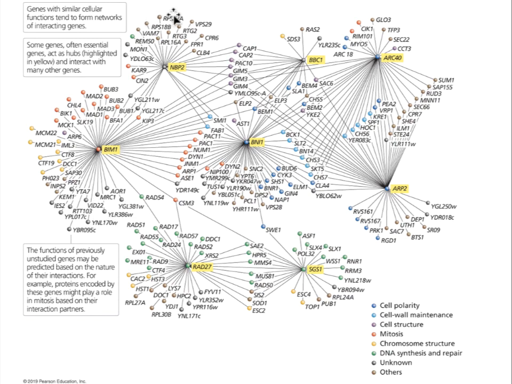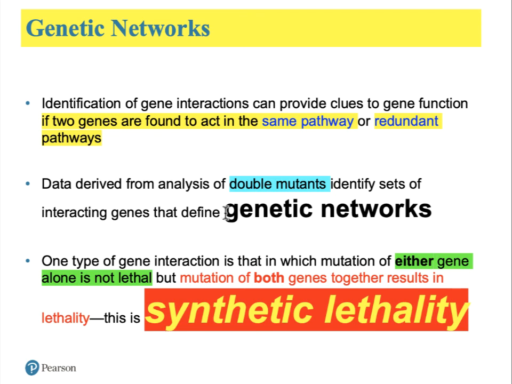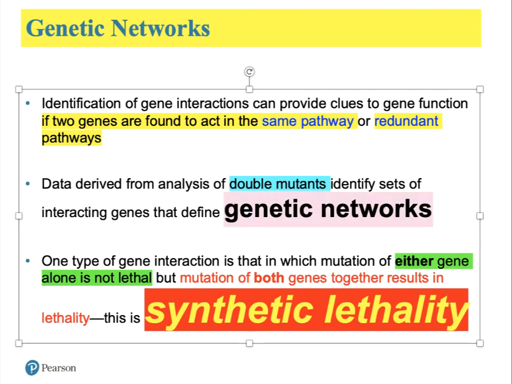The color coding of these balls is given here. So you can see for mitosis, these genes are very important, as are these genes and a couple over here. The grouping together of different colors and their association with a core essential gene suggests that these gene networks are very real and that more has to be investigated about them.